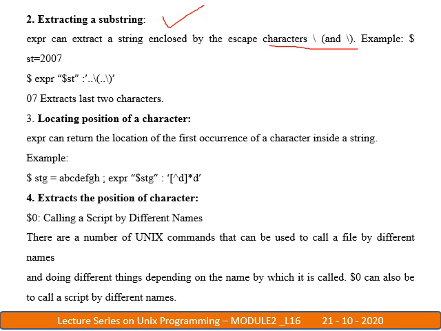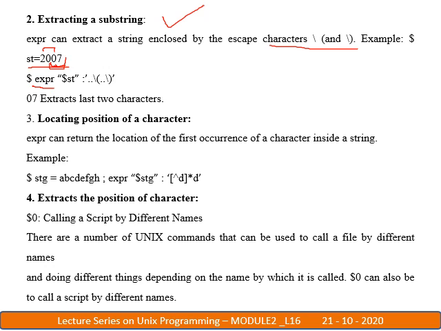Here, for example, one string we have assigned is 2007. If we want to extract only the last two characters or the first two characters, these can be extracted. Suppose I want to extract the last two characters, that is 0, 7. So how to write the expr? What string needs to be operated on?